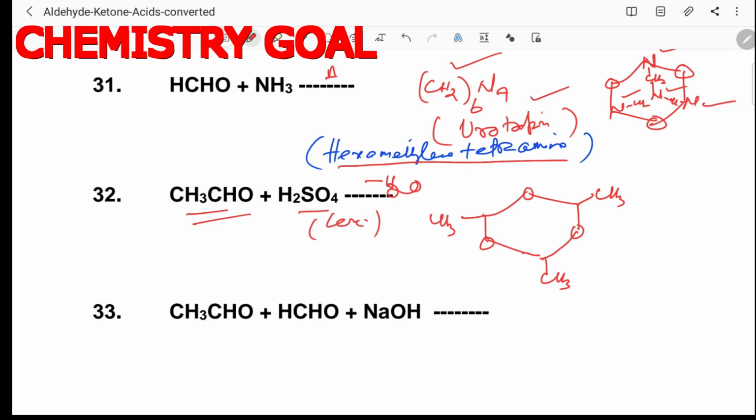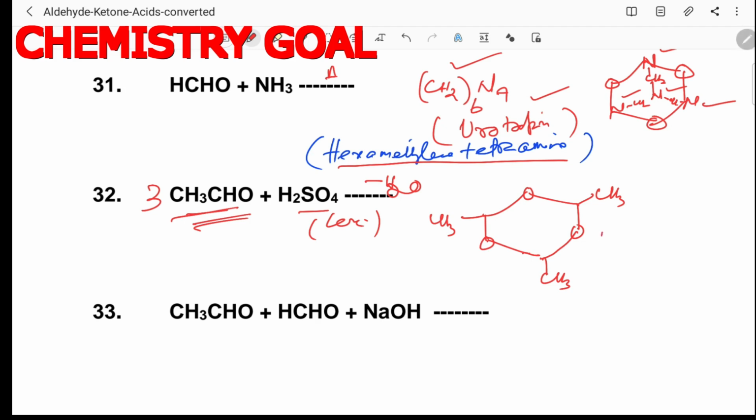This is a cyclic compound having what? 3 corners containing 3 oxygen and another 3 corners containing 3 carbon derived from CH3. So at each step, a water molecule is lost from each acetaldehyde. Forming here, 3 molecules of acetaldehyde are condensed with the loss of water molecule, forming this compound.